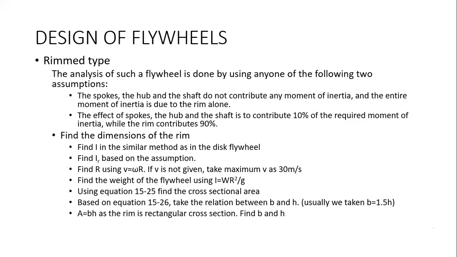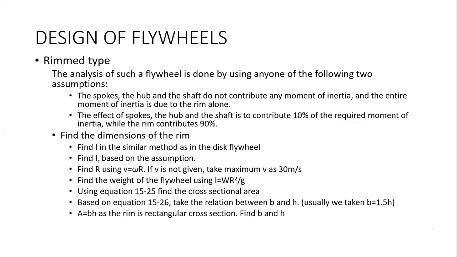Now we go to our data book. Data book equation 15.25 we will use for finding the cross-sectional area. It is on the same page, just below the last equation of that page.